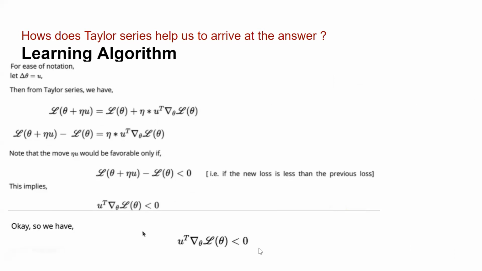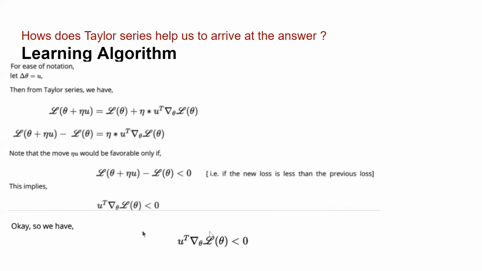Till this point, anybody having any confusion, any doubt? So it's U transpose multiplied by the derivative of theta. Yes, derivative of theta, and I have defined my theta earlier.